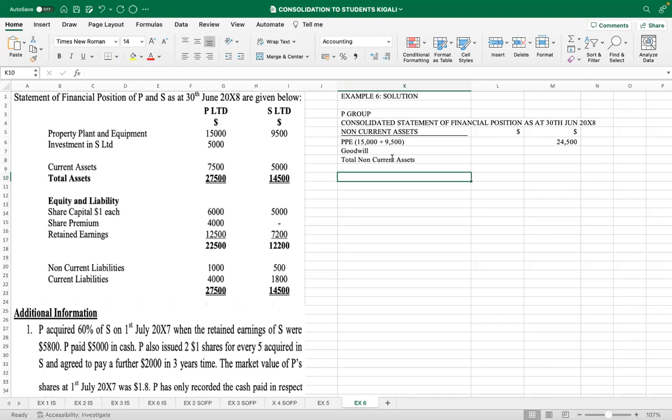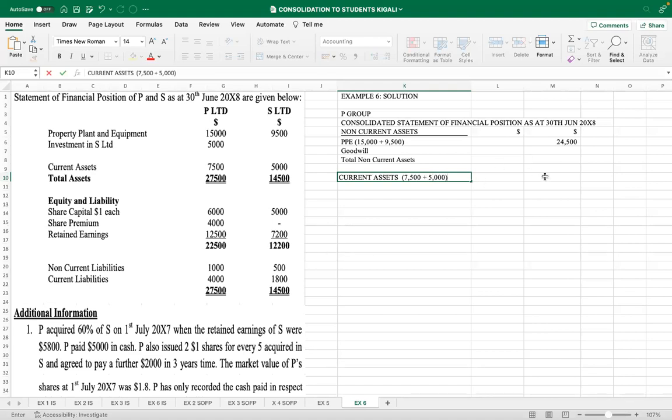And then we go to current assets, and our current assets were only one. So they were never broken down. So because they were not broken down, we'll have it as 7,500 plus 5,000.